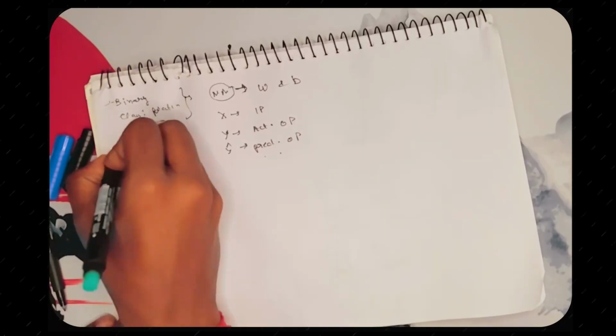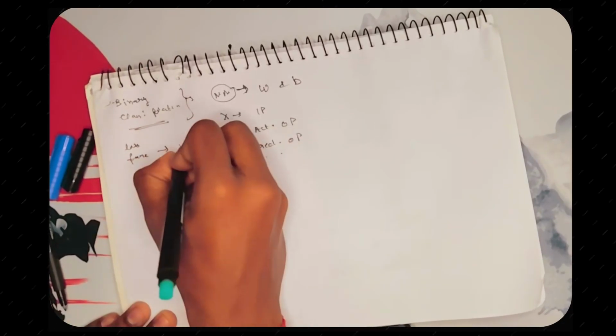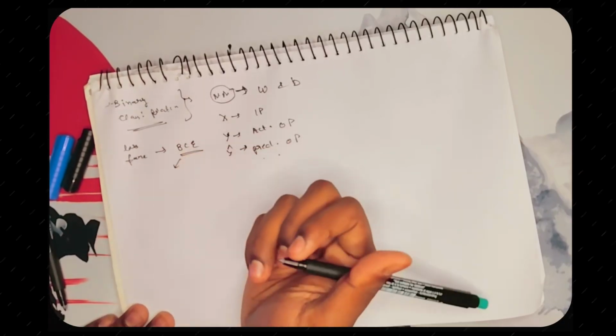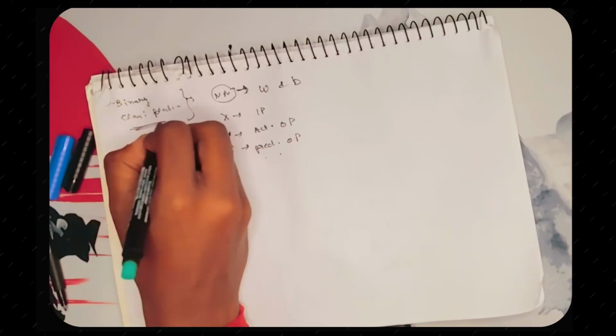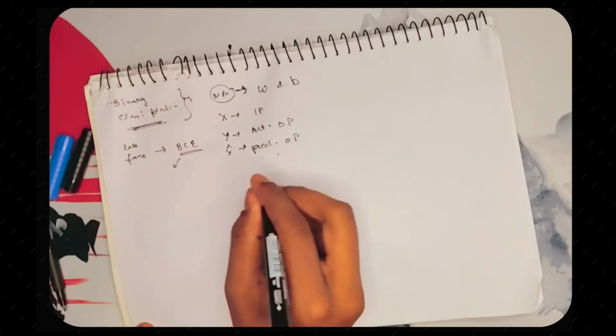We have our loss function as BCE, binary cross entropy, which is used in binary classification problems. This is how the whole process works.